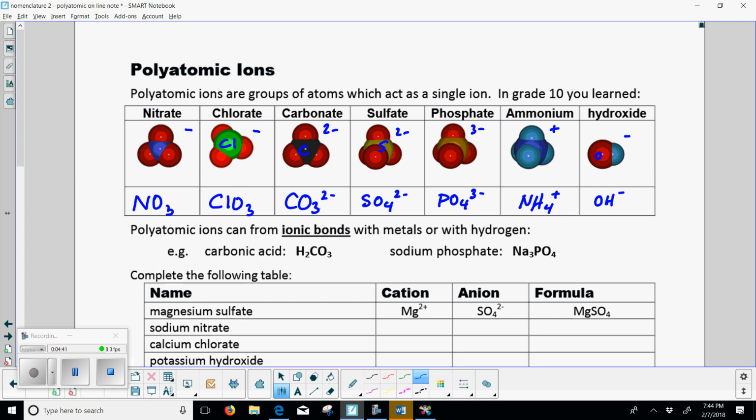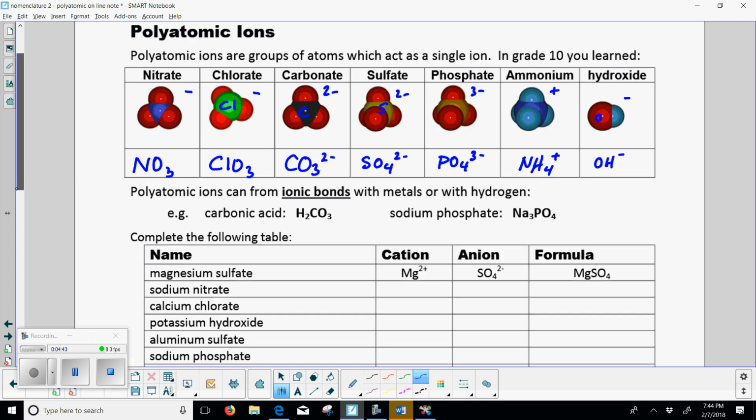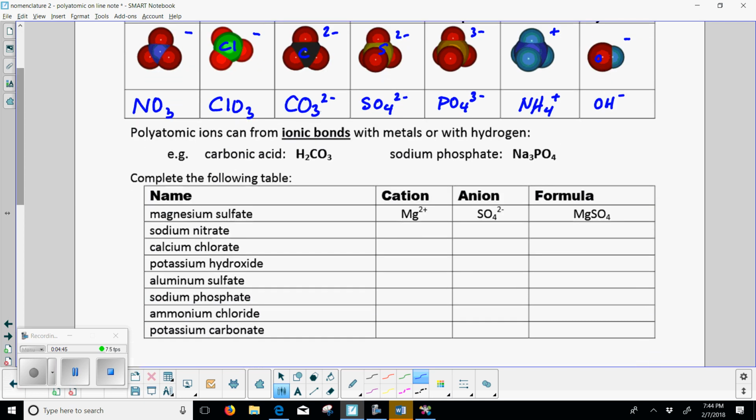Now, with these polyatomic ions, they act like any other anion when they're joined with a metal or a hydrogen. So let's look at an example here. Let's look at potassium carbonate, the very last one here. My cation is potassium with a charge of 1 positive. Carbonate, remember, is CO3 with a charge of 2 negative.